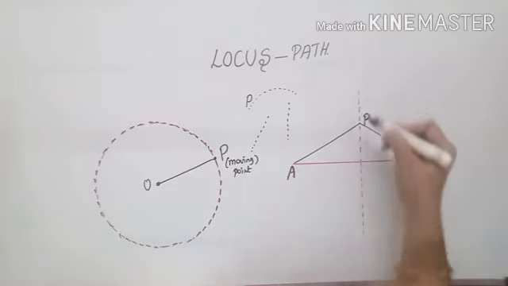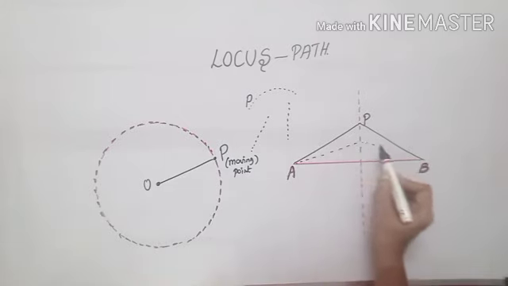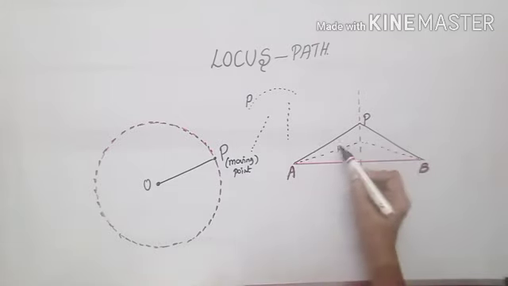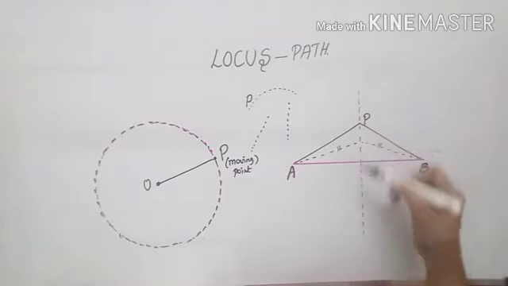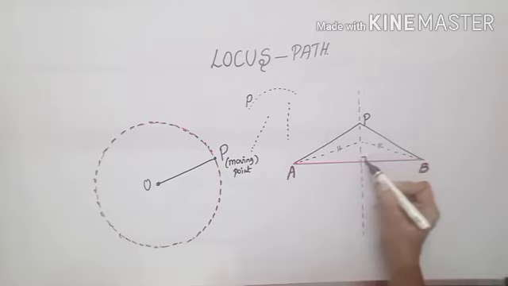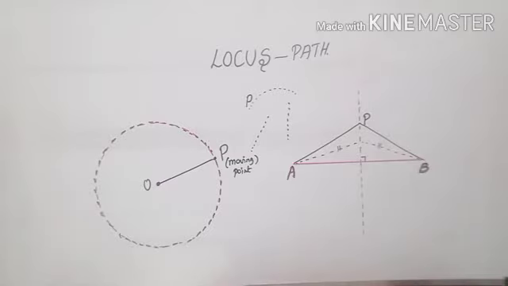So P is moving in such a way that every time the distance from A and distance from B are equal. So P moves like this, and this is nothing but the perpendicular bisector of the line joining A and B. In this exercise, we are going to do problems based on locus, where they will give you some conditions.